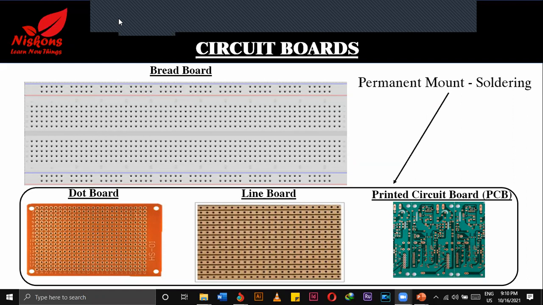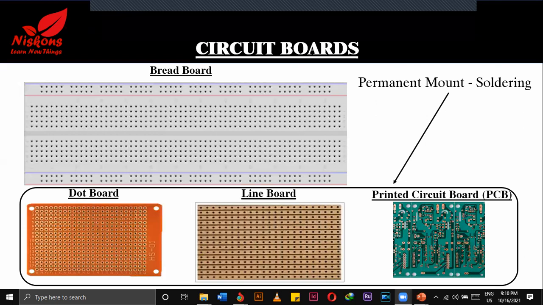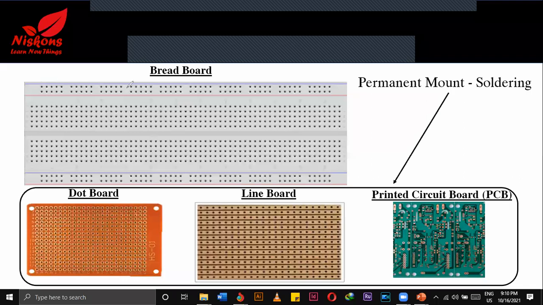If you want to join two wires together, we have to obtain a breadboard like this and connect each wire. For that, we have to understand how the breadboard is designed. It's very simple. You can see that this particular horizontal line is connected together, and also this line is connected like this.